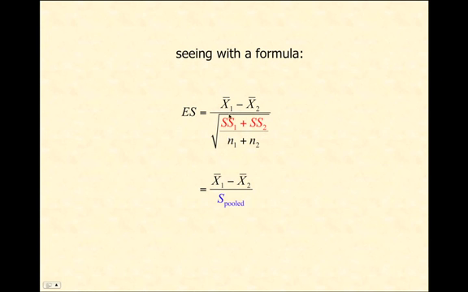Now, this is our formula for standard deviation. So what we're doing is weighting, or adjusting, this formula for the differences in the sums of squares and the underlying size of the distributions for our two samples. When we combine these, we wind up with variance pooled, or standard deviation pooled, excuse me.